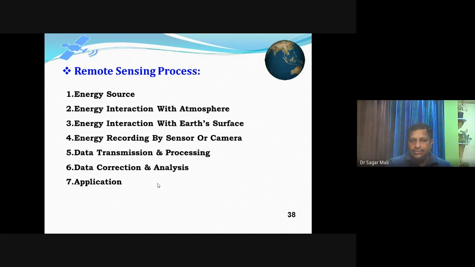After the correction, the imageries are ready for various applications, analysis, and planning. After analysis, researchers, teachers, planners, and engineers use these imageries for various applications. So these seven stages are important in the remote sensing process. All of remote sensing is in these seven stages.